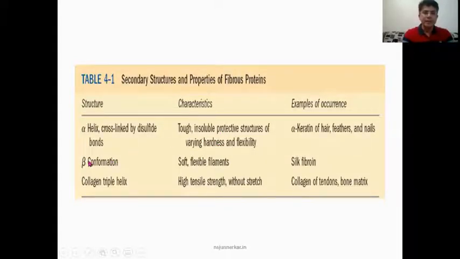Then only beta conformation is found in proteins like silk fibroin, and the characteristic of silk fibroin is that it forms soft, flexible filaments. Collagen triple helix is another kind of secondary structure, found in collagen of tendons and bone matrix, and the characteristic of this protein is that it has high tensile strength without stretch.